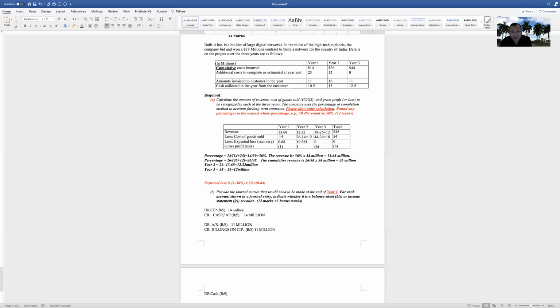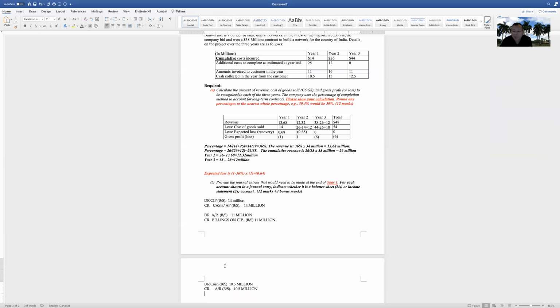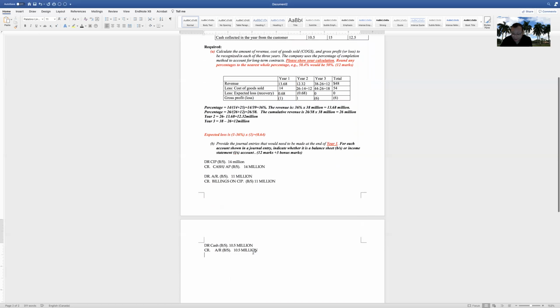And collection 5 million, and credit AR. All these items are balance sheet items. So these entries should be pretty easy, right? Very, very straightforward. And then you recognize cost of sales. This is an income statement item, equals actual cost 40 million.